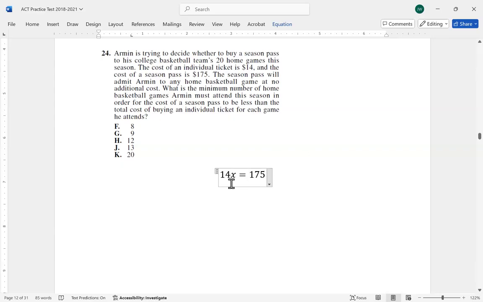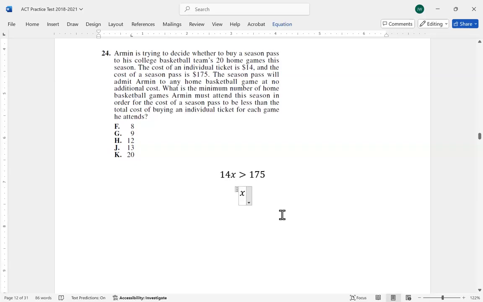So the number of games he would have to attend to make both equal is found by taking 14x equals 175. We're not asked to find the number of games for him to have equal pay, we're asked to find how many games he would have to attend until the 175 is actually smaller than the 14 times x.